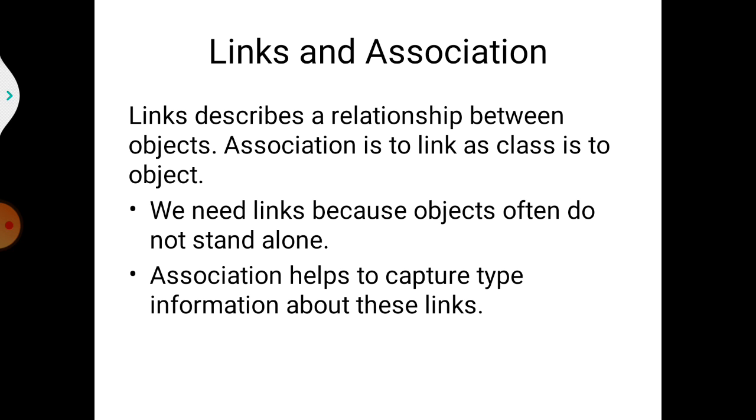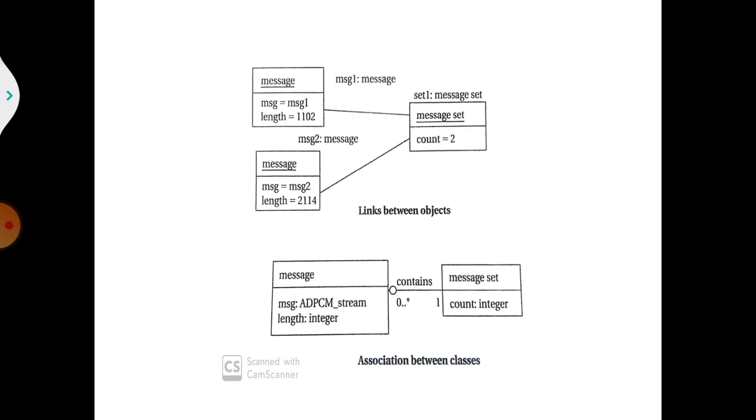Links exist because the objects do not stand alone. And association helps to characterize the type of information about these links. The link is shown here, that is a message sent; they all are connected, that is the link between the objects shown in the first figure. And then association means it can be one to one, one to many, many to many, that is we are writing some numerals on those links.